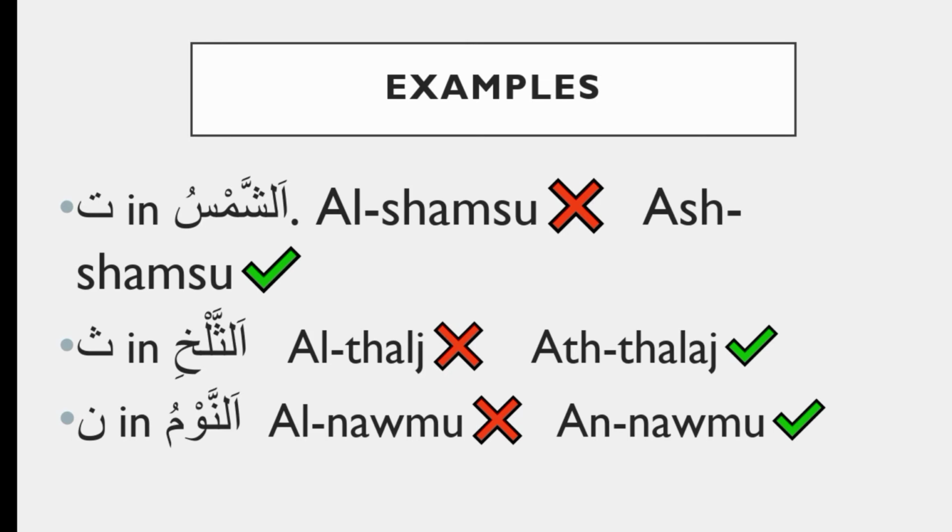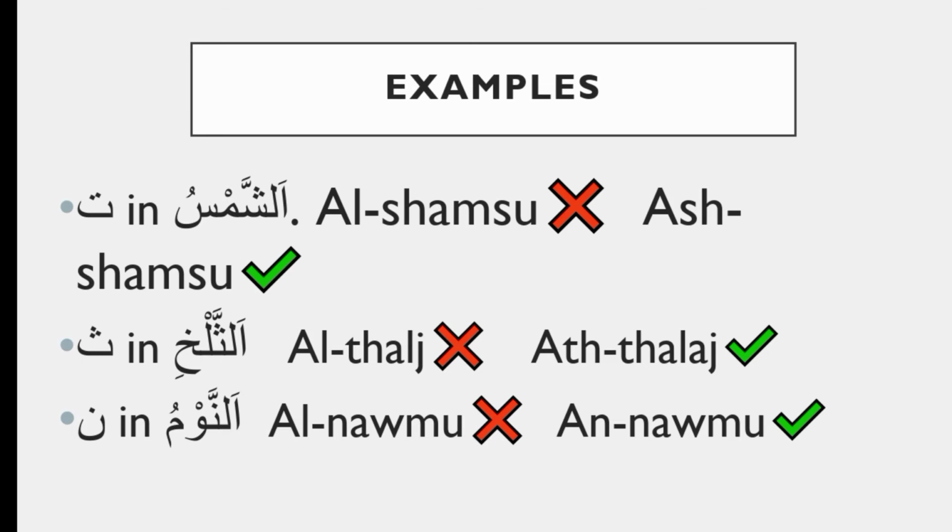Any letter that takes shadda immediately after alif and lam is regarded as a sound letter, and the way you pronounce the word is that you drop the pronunciation of that lam. You act as if there is no lam there. It's just like the lam there is useless. Just pronounce your alif, then move straight to the letter.